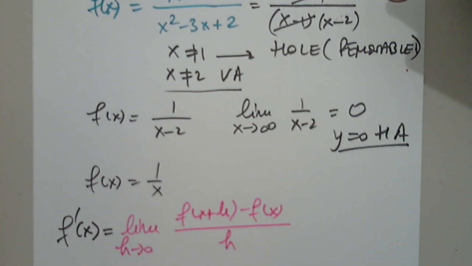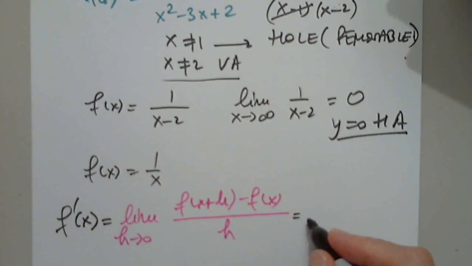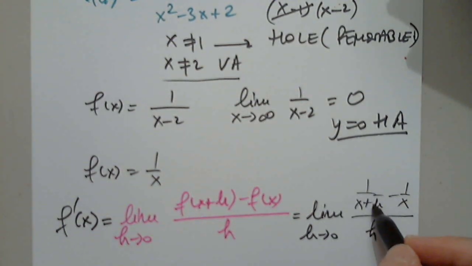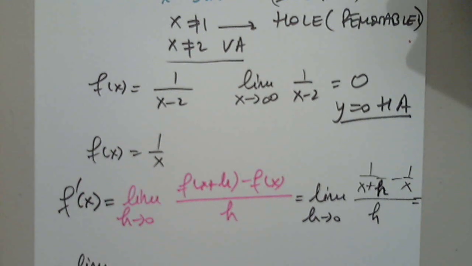Good. So for this function, I don't have to work on the side to find f of x plus h, as we did for the quadratic function. So we have the limit as h approaches 0 of 1 over x plus h minus 1 over x, divided by h. Okay, so do not drop the limit operator. We did not apply it yet.